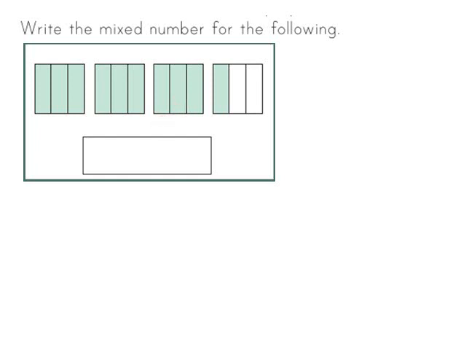So how many wholes do I have? I have 3 wholes. Let's come to this shape. I have only one part shaded out of 1, 2, 3 parts. So this fraction is 1/3. How do I read this number? It is 3 and 1/3.